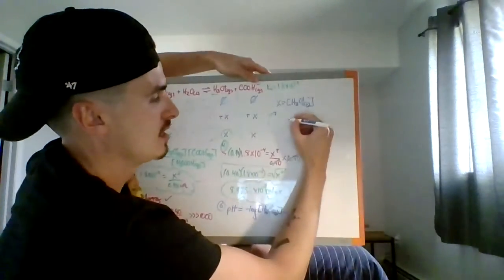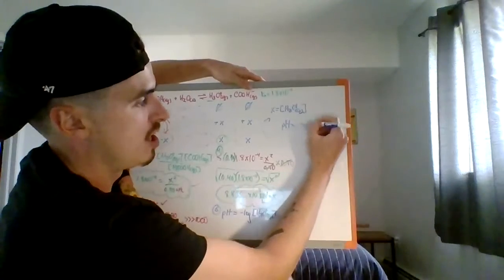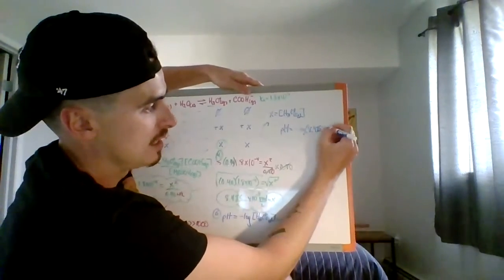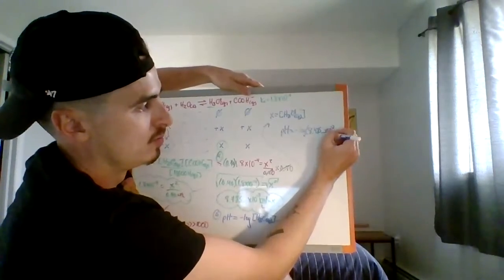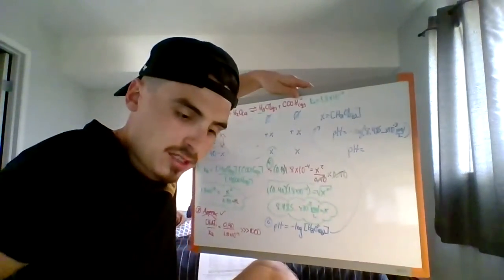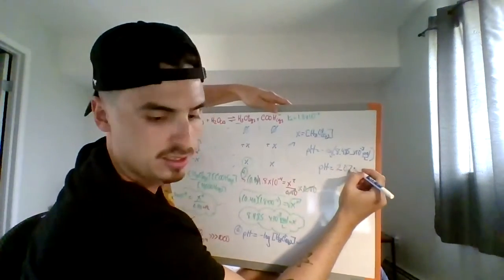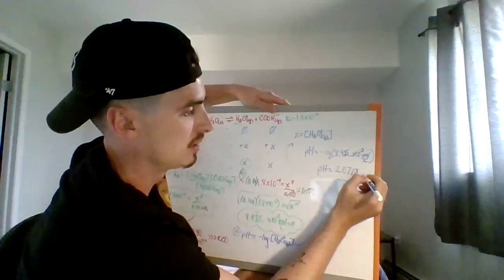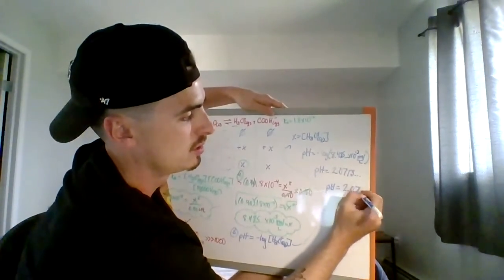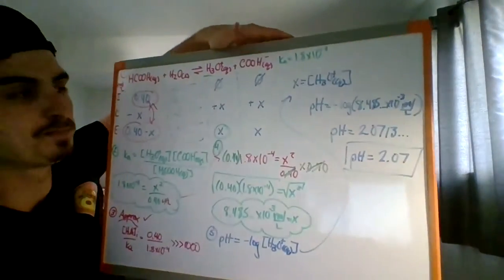We found X. So pH is negative log of 8.485... times 10 to the negative 3 moles per liter. Let's put that in our calculator, minus log, and I get 2.0713... Two sig digs in concentration means 2 decimal places: 2.07.